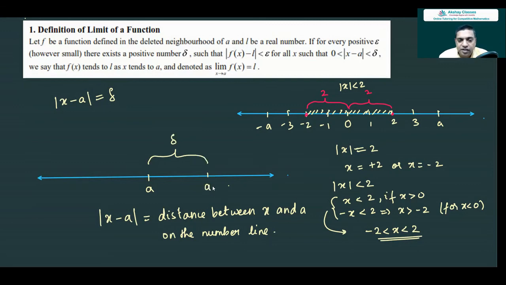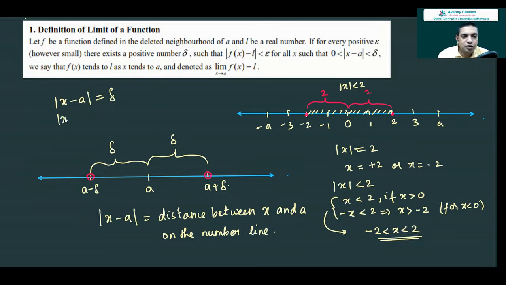So I get 2 points, A plus delta and A minus delta. Okay, this is delta, this is delta. So modulus of x minus A equal to delta refers to these 2 points, A minus delta and A plus delta. There are 2 values you get for this.